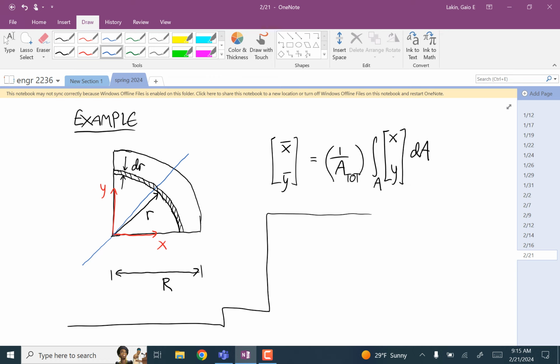Okay, so in order to come up with the representation of these two coordinates, we would have to know where that falls. Could we do that?